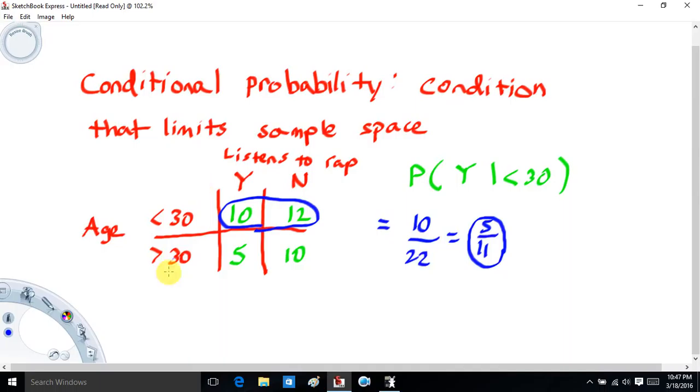Now how can we find this information using the definition of conditional probability? By definition, the probability of A given B is the probability of A and B over the probability of the given.